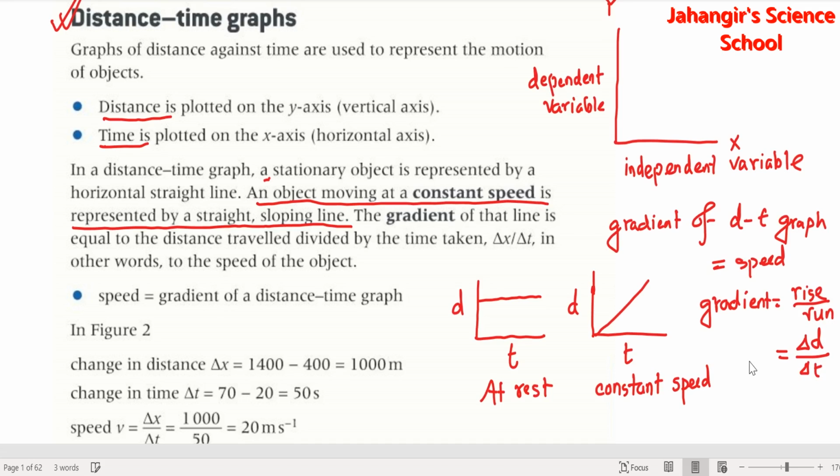That's why we know speed equals distance moved divided by time taken. So the gradient of the line is equal to the distance traveled divided by time taken.